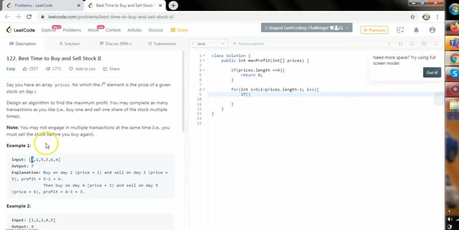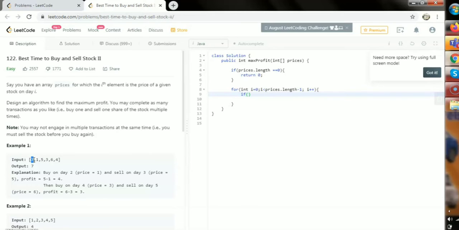You compare the day 1 price with the day 2 price. If the day 1 price is less than the day 2 price, then only you will sell, otherwise you will not sell. That's quite a common thing.